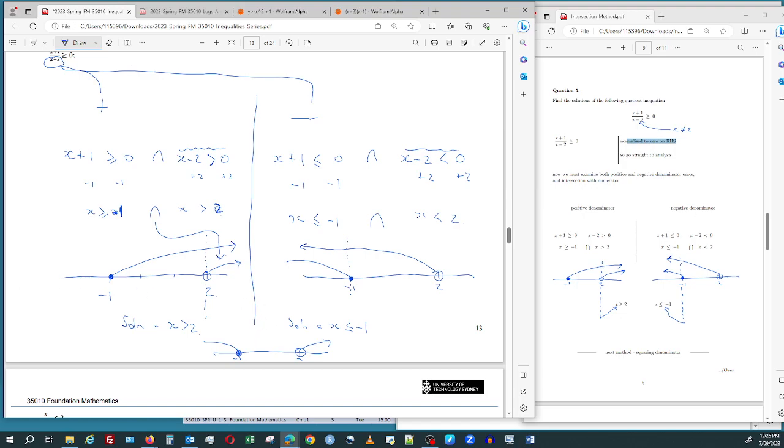Okay? So this is a much easier way to recognise what's happening than using the testing method that we did with the others. Okay? So it's the null set or the empty set. And we just do that. Okay? So the overall solution is there aren't any values for which this is true.